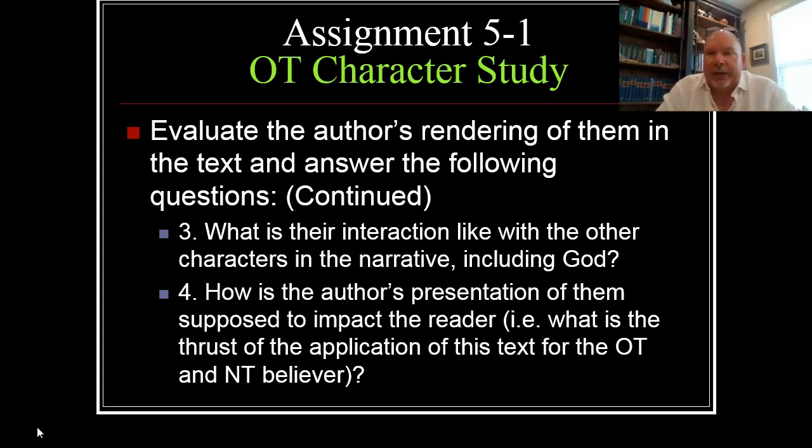And you're going to want to look at dialogue, narration, description. How do these work together? Number 4, how is the author's presentation of them supposed to impact the reader? What is the thrust of the application of this text for the Old Testament and New Testament believer?